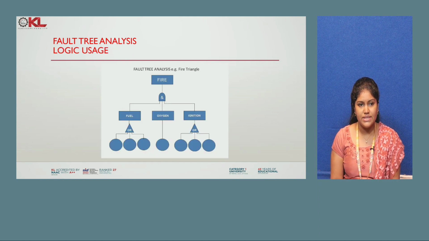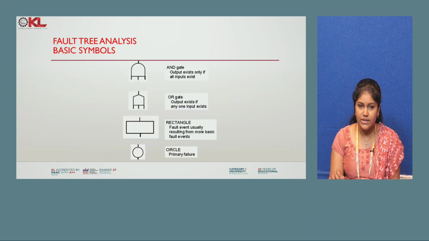So here you can see the fault tree analysis logic usage. Fault tree analysis, example: the fire triangle. You can see the fire here, and we have provided an AND gate here. What is meant by the AND gate? Output exists only if all inputs exist. If all inputs are there, then only the output will be there.